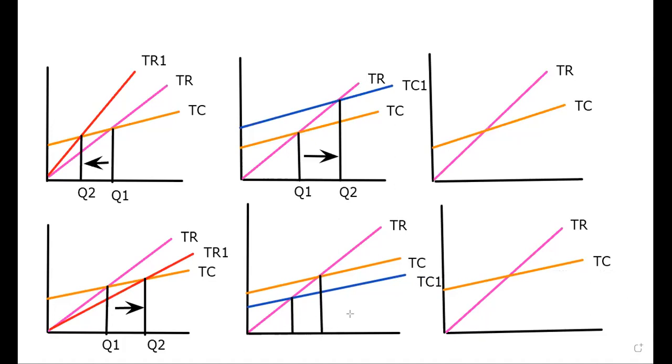So this is Q1 and this is Q2. And we can make an arrowhead also. Break-even quantity will decrease.